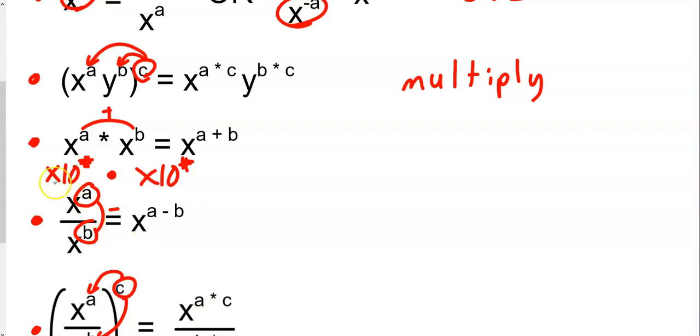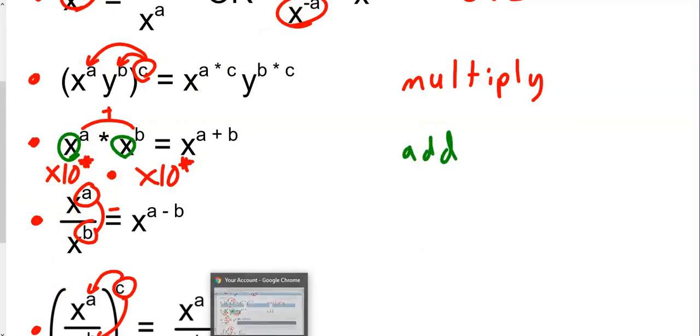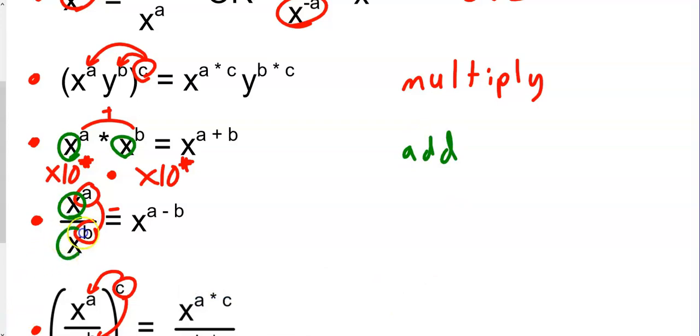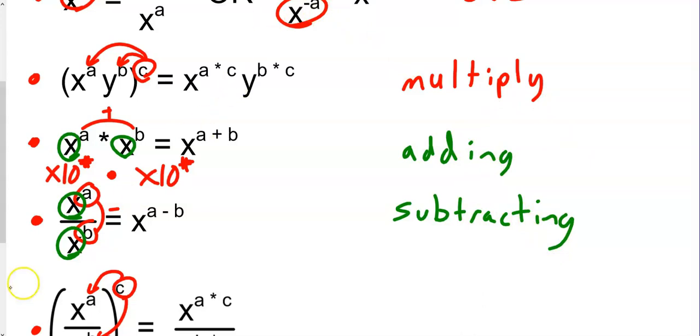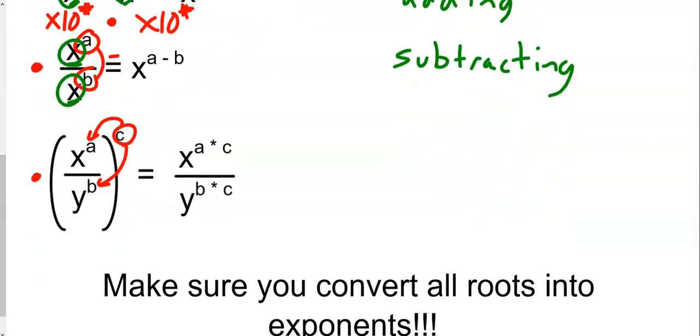So again, when you're multiplying the same base, and that's the big key for this guy, you just basically do some adding. When you are dividing the same bases, you will do some subtracting. And then, of course, you just saw this a moment ago, like we talked about.